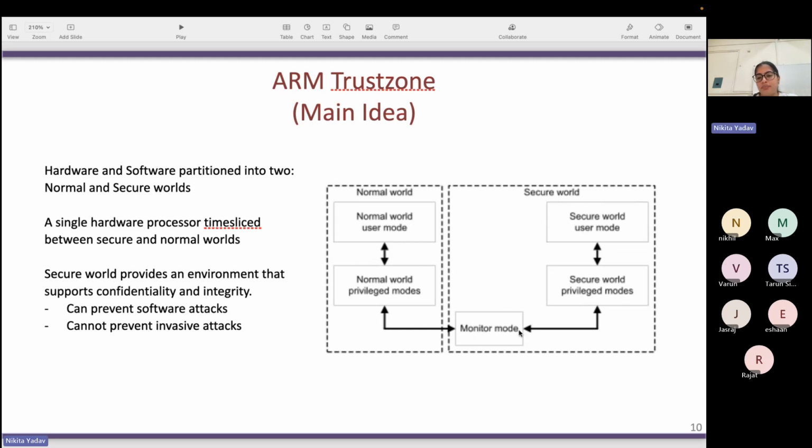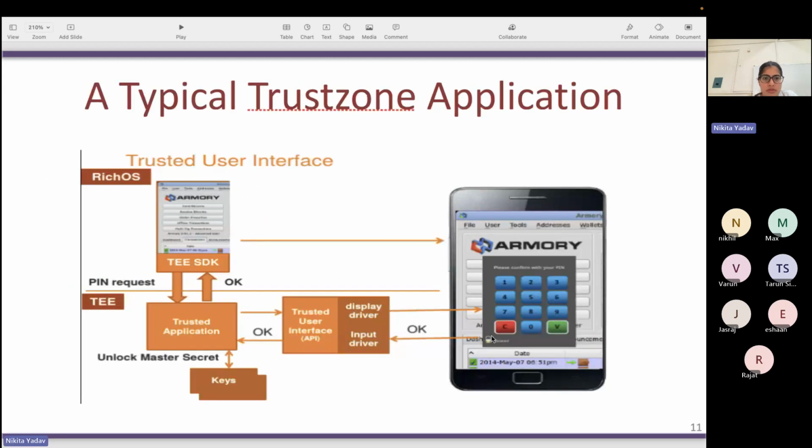And then there is also a software called the secure monitor. These three layers all run on different execution levels.